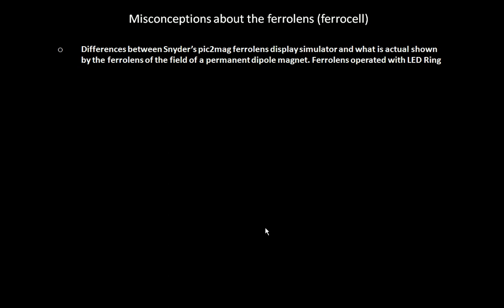But there are some very important points we have to notice about this program, and what are the differences between this program and what we actually see on the ferrolens. There are some differences, and I have to point them out.